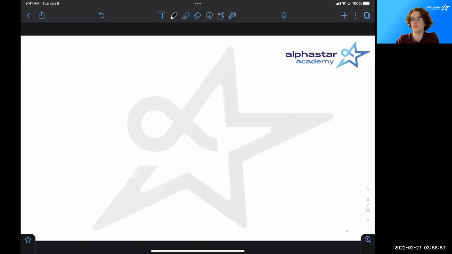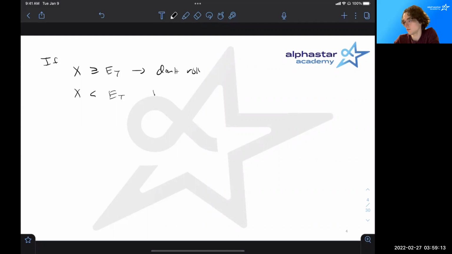So if we're on two moves, we check if x is greater than or equal to E_t, don't resubmit. If x is less than E_t, resubmit.